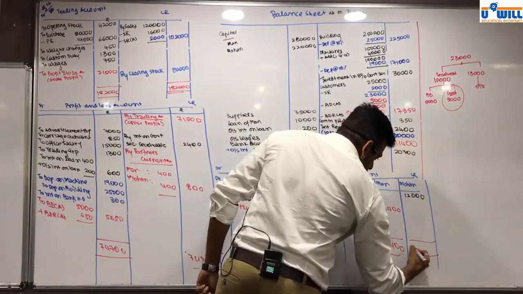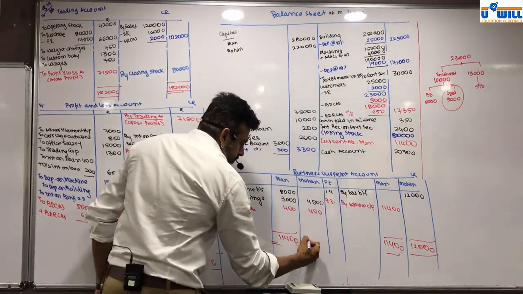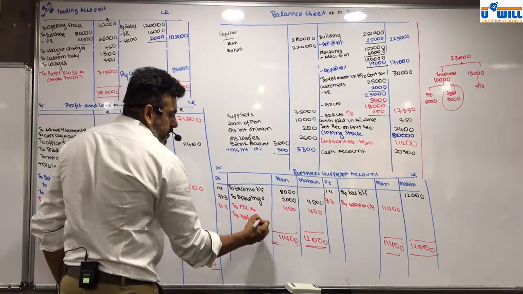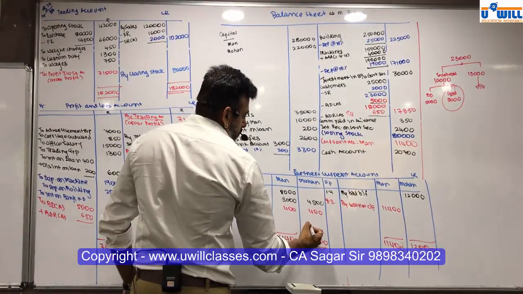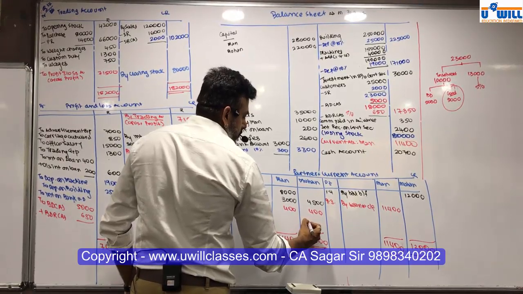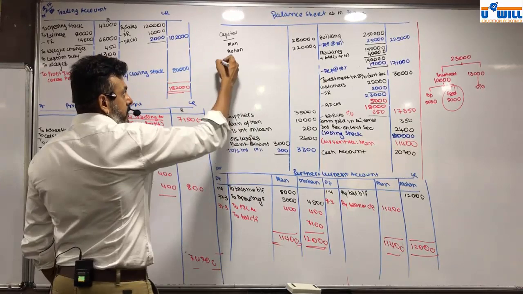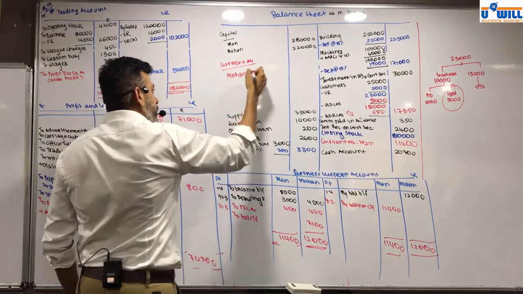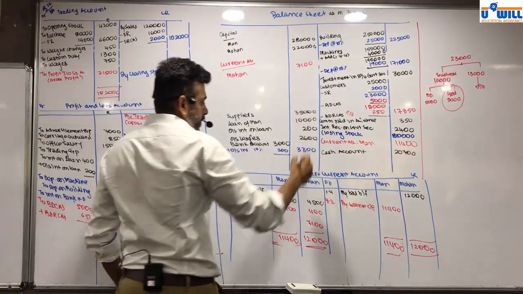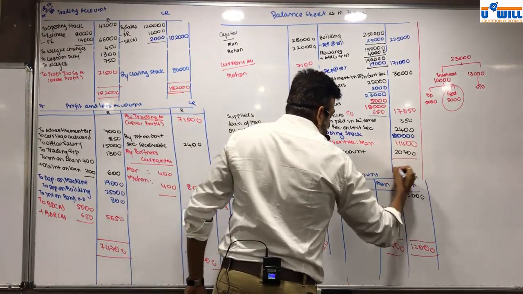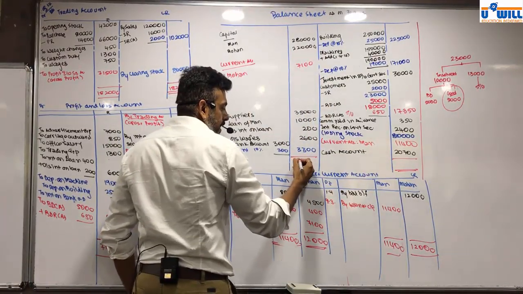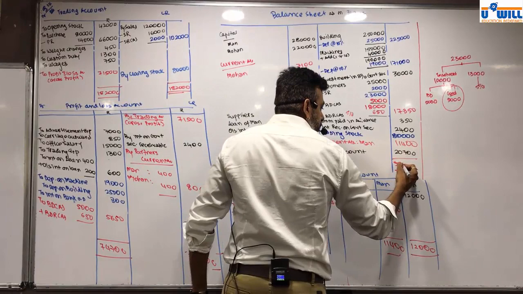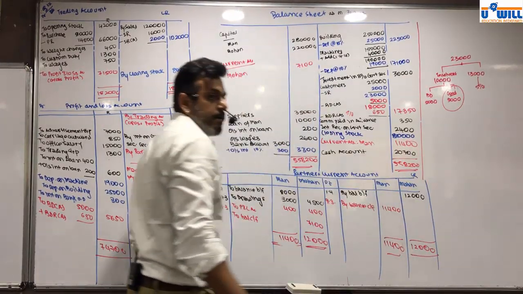Mohan credit side 12,000. 12,000 to balance carried forward 7,100. Current account Mohan 7,100. What's the total? 5,58,200. टैली हो गया?